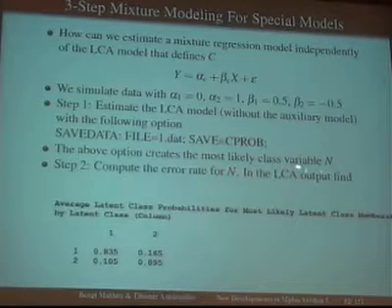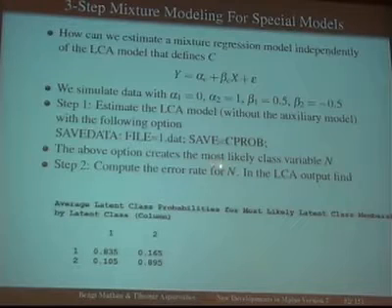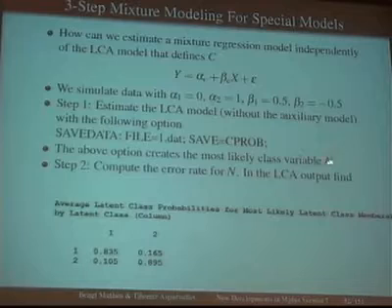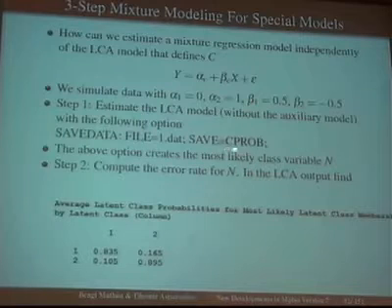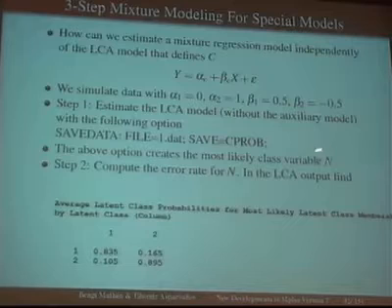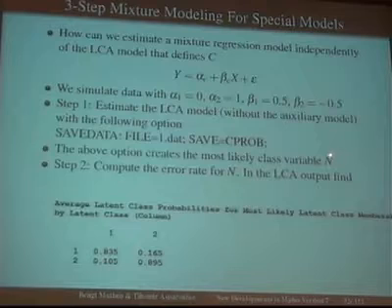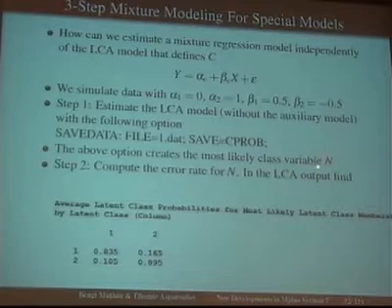It's nothing more than comparing the posterior probabilities for being in each of the classes and selecting the class with the largest posterior probability, the most likely class.